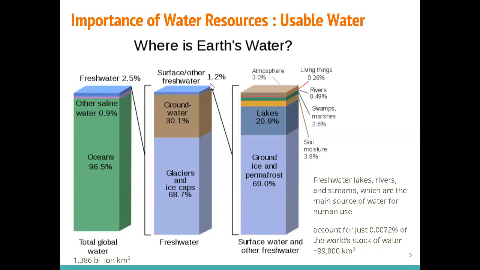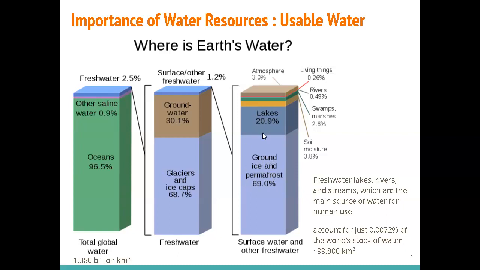And then if we blow up just the fresh water here, we know that the 70% is not the same as glaciers and ice caps. It's stored in the soil. Inside the soil, we have ice, and 70% of that would be inside the soil. It's called permafrost, okay?